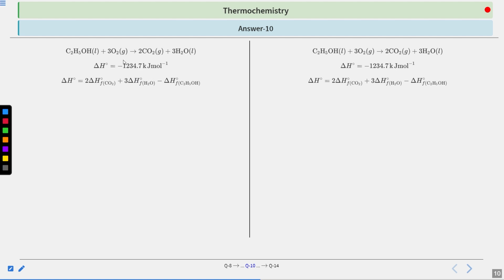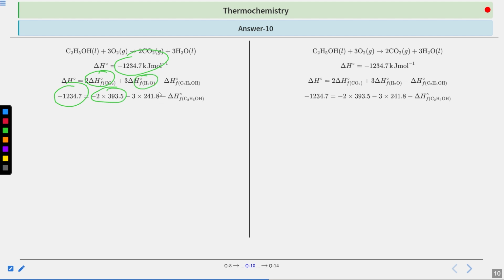It can be written as C2H5OH plus 3O2 gives 2CO2 plus 3H2O. Now the delta H naught value is given already. The formation of CO2 is given, and the formation of H2O is given, and the enthalpy of formation of ethanol is not given. Now, what is the meaning of this? How have we written it?